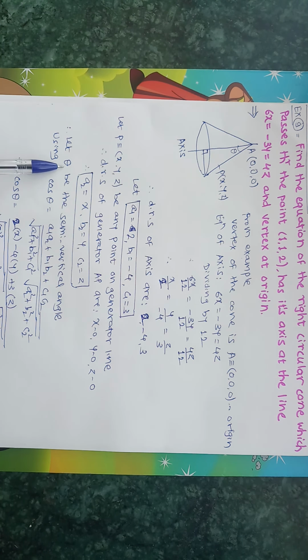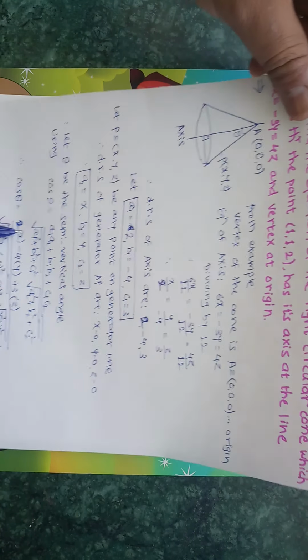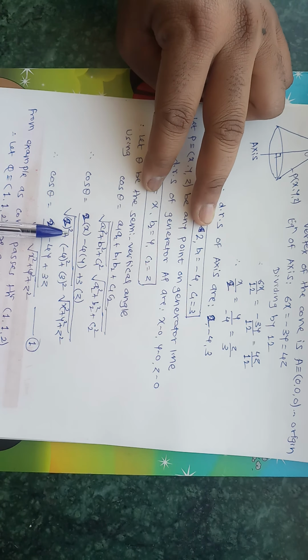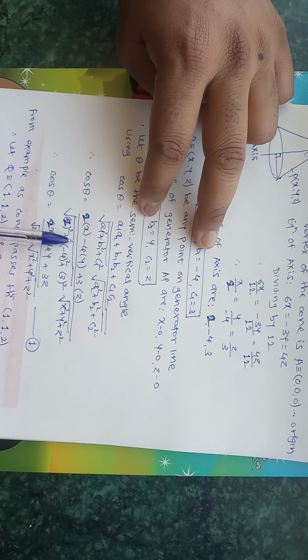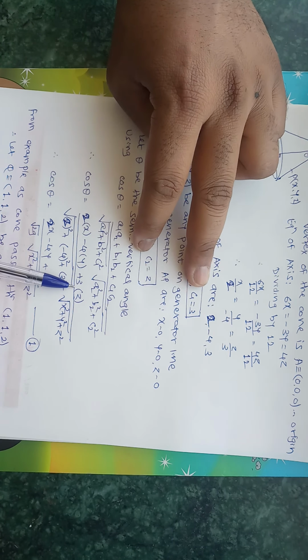So first of all, let theta be the semi-vertical angle. As it is not given, keep it as it is. cos theta is equal to a1 a2 plus b1 b2 plus c1 c2, so 2 into x, -4 into y, 3 into z, right?